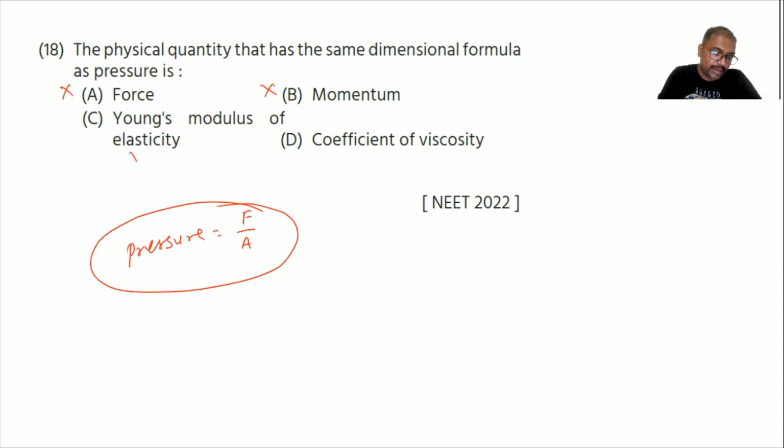So option C, Young's modulus is F by A, which is stress, divided by strain, change in length by original length. So L by L doesn't have dimension. So this Young's modulus dimension is similar to the dimension of F by A, which is equal to the pressure. So the answer for this question is option C.